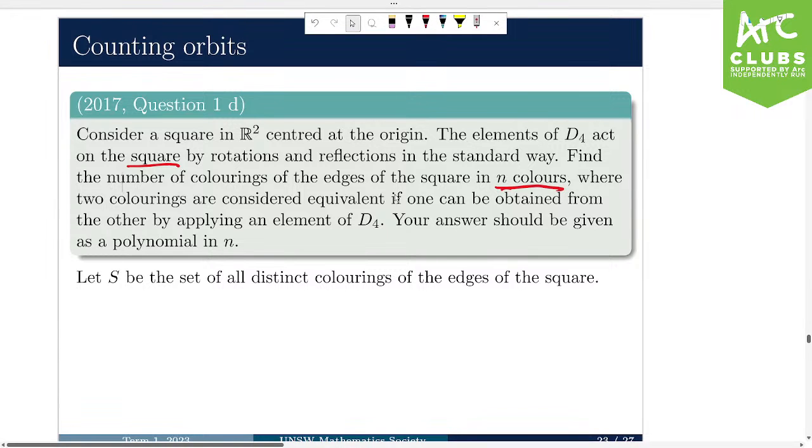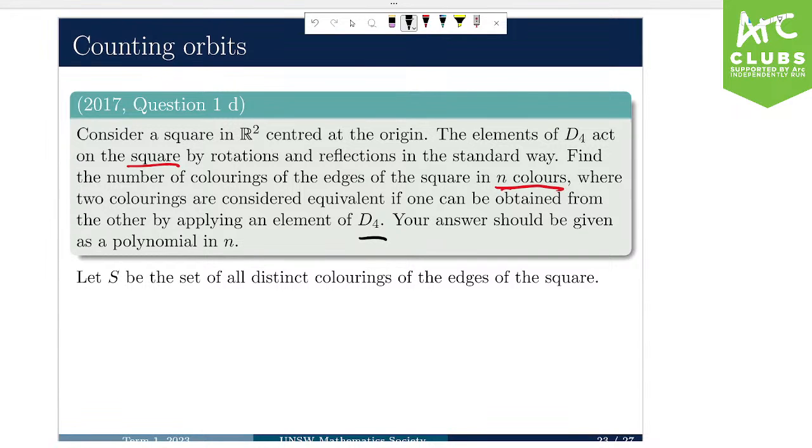Okay, so we want to find the unique colorings of the edges of the square, and two colorings are equivalent if we can get to one from the other by applying something from D4. So what we want to find is the D4 orbits of the set of all distinct colorings of the edges of the square.